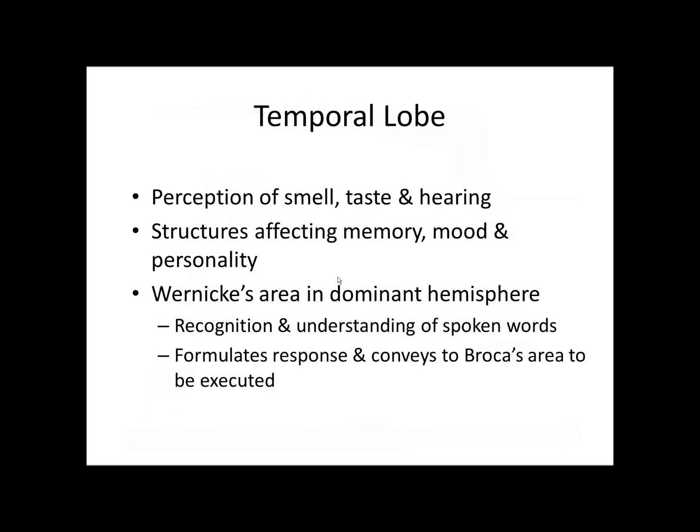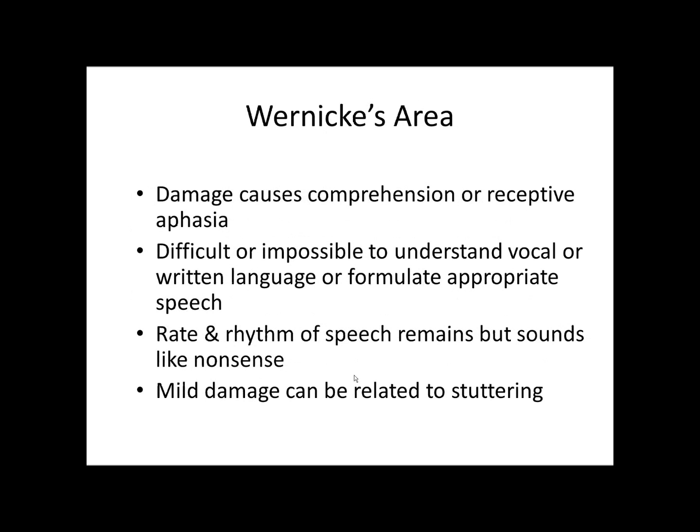In the temporal lobe we have perception of smell, taste, and hearing, structures affecting memory and mood and personality. Wernicke's area, again, in the dominant hemisphere that we looked at already. Wernicke's area, we also talked about this already.